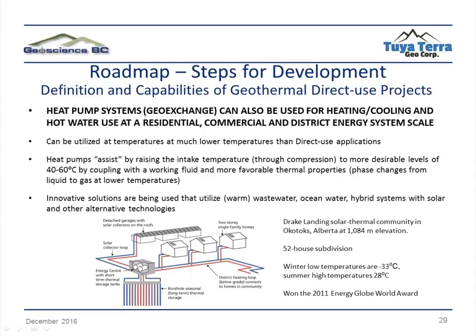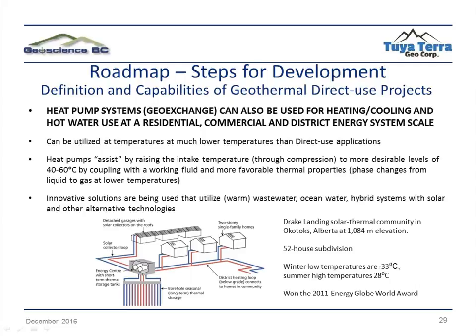So basically you're using a refrigerant that has different thermal properties, a lower boiling point, and utilizing those desirable characteristics of that fluid. There are examples of Geo Exchange systems that have been quite innovative that utilize, for example, warm wastewater, ocean water, or even hybrid systems with solar panels or other alternative technologies where Geo Exchange can be utilized together with these types of systems.